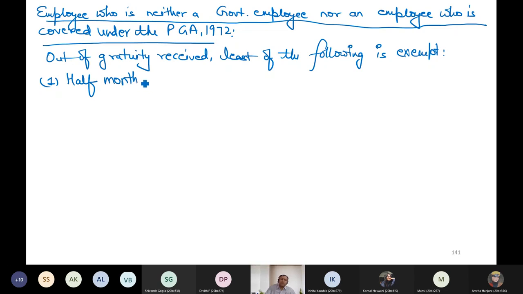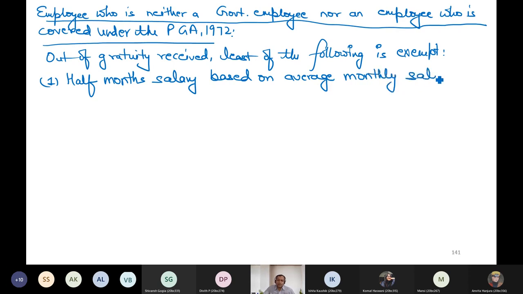It might look similar, but in reality there is a change. Half month salary based on, now I'm not using the words last drawn. Now I'm using different words, based on average monthly salary, for each completed year of service.